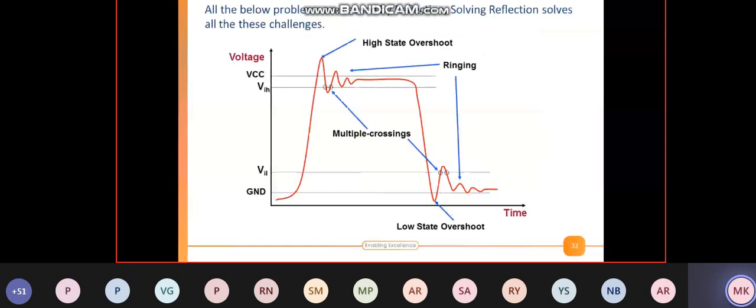Now we have spoken about reflections. As I mentioned in the last couple of slides, reflections have challenges like high state overshoot. They also have challenges like ringing, which takes a larger settling time to reach the steady state condition.